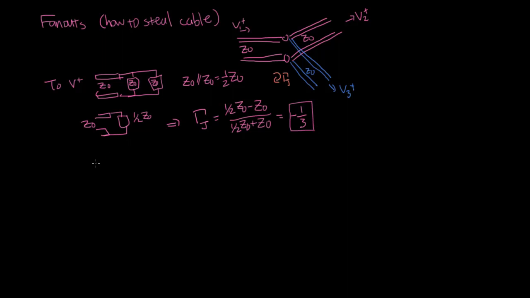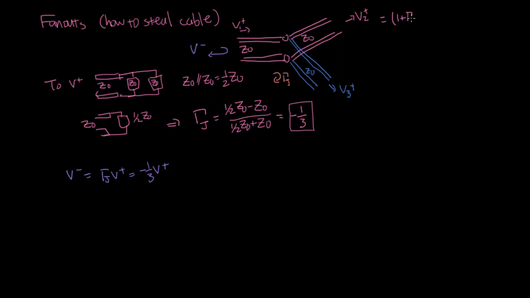So what that means is that the resulting reflected signal that comes out, this V minus, is going to be equal to gamma J V plus, or -1/3 V plus. And then you want to see what goes out, V2 plus and V3 plus. V2 plus in this case is going to be equal to, remember how we calculate the transmission, which is 1 plus the reflection.